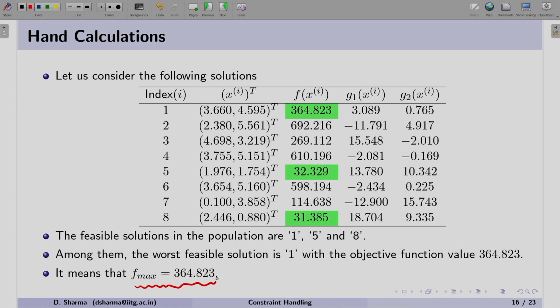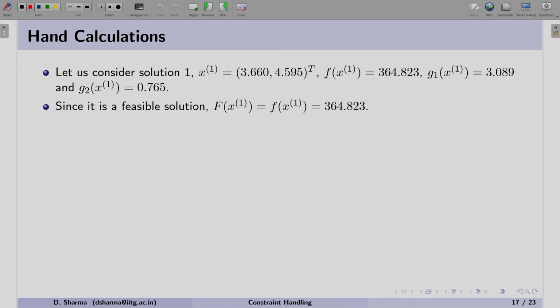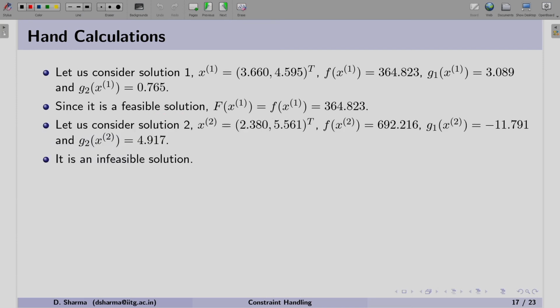So, let us see what the fitness will be here. Let us consider the solutions one by one. Solution number 1, as we have calculated earlier, satisfies g1 and g2. So, it is a feasible solution, and since it is feasible, the fitness of the solution is the same as the objective function value. Let us consider now solution number 2.